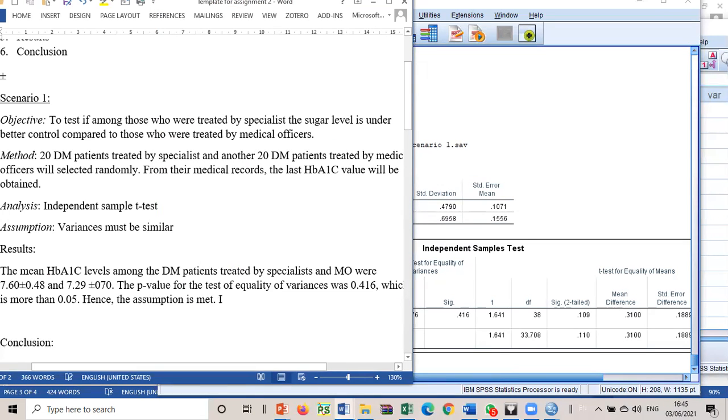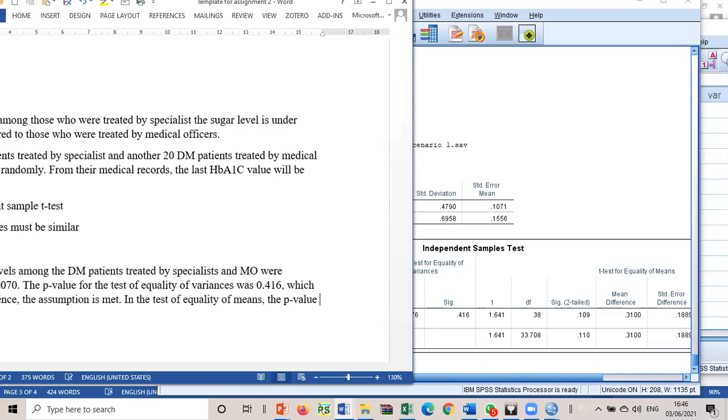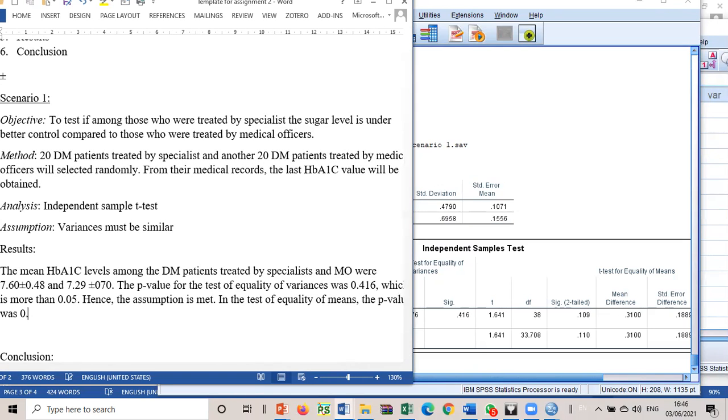In the test of equality of means, the p-value was 0.09, which is more than 0.05.